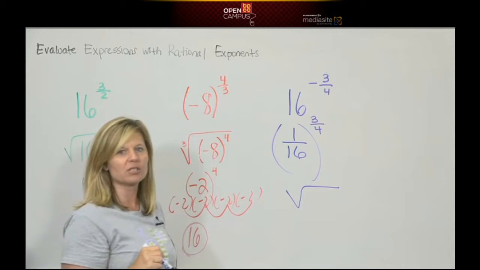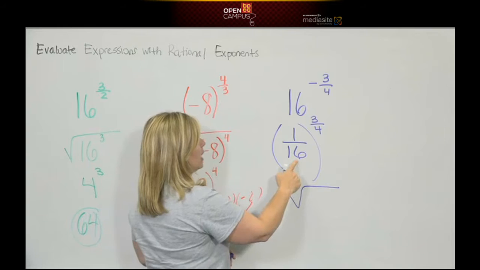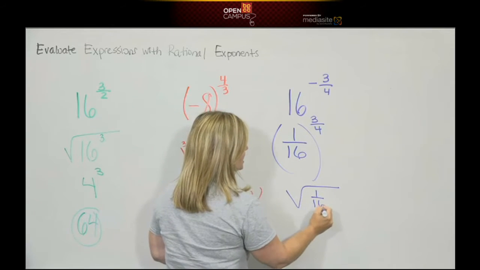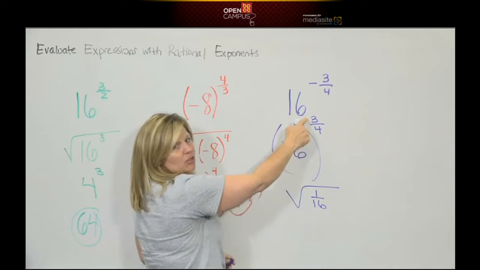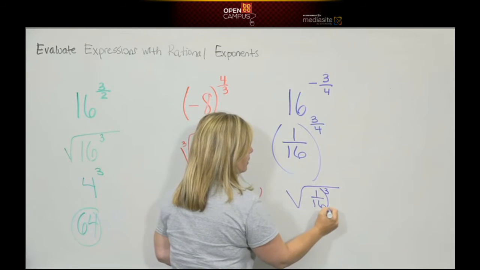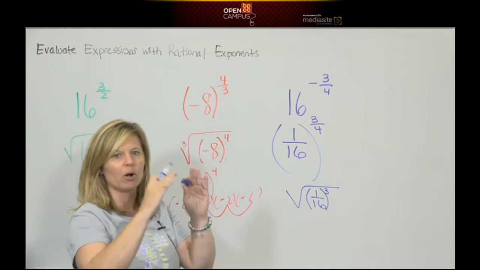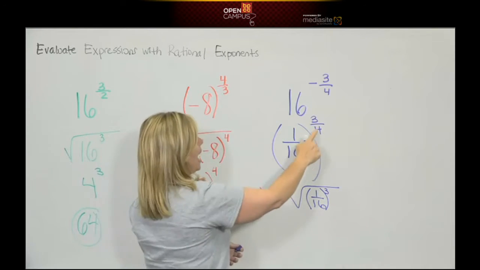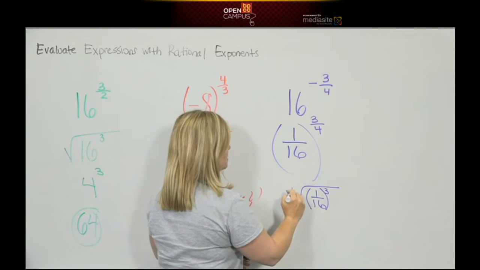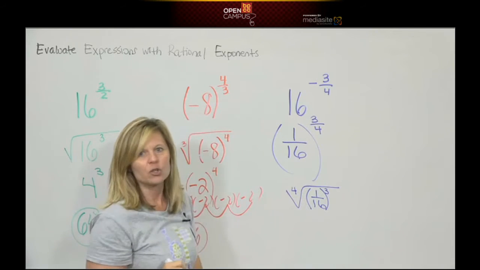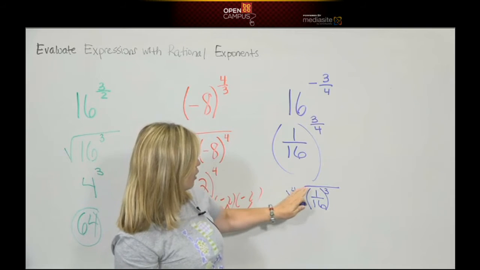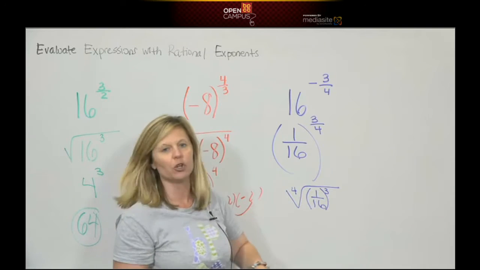So I'll put my radical sign. My base is 1 over 16. My exponent's the numerator, 3. I'm going to put that in parentheses to show it belongs to the whole fraction. And my root, my index, is my denominator, 4. So I'm really going to do the 4th root of 1 over 16 and then cube it.